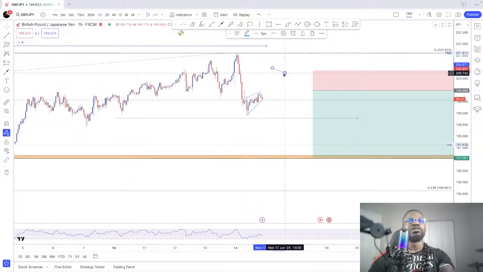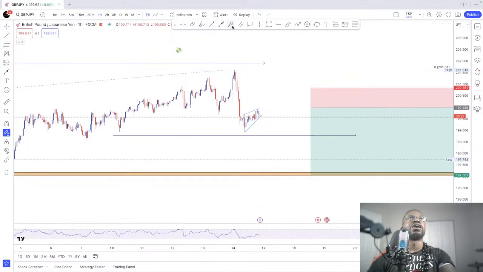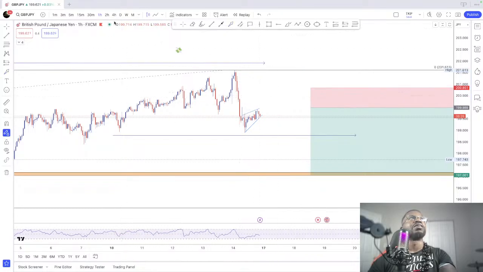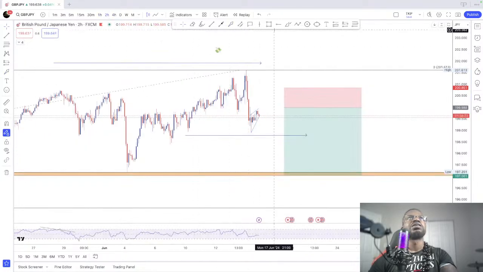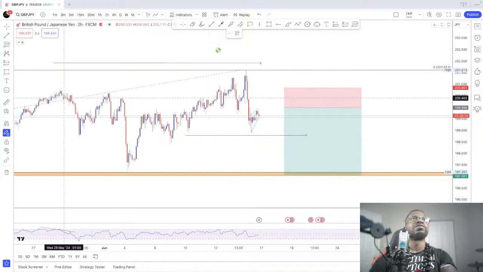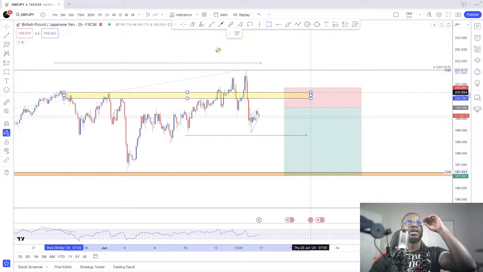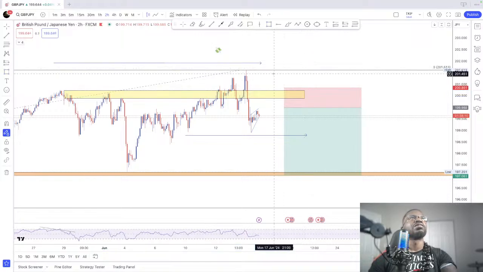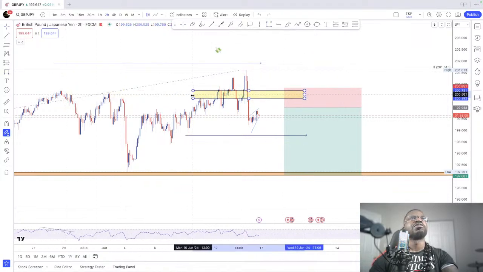So let's go to one of these smaller time frames and take a look at some of these gaps. On the 2 hour, this structural level right here has yet to be tested. So this is a possibility as far as a retest.